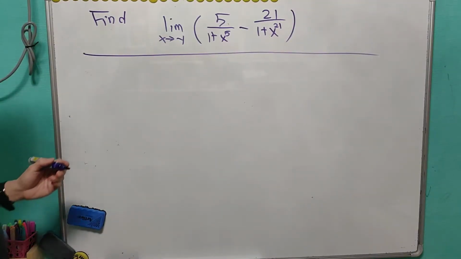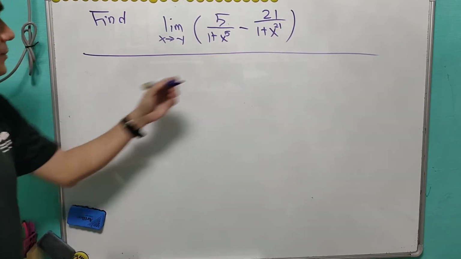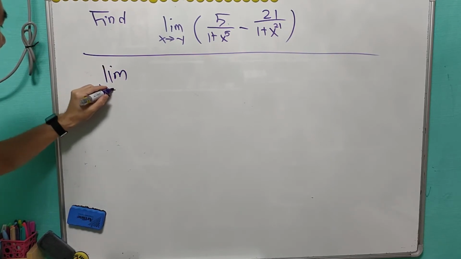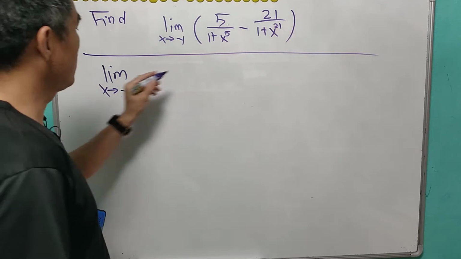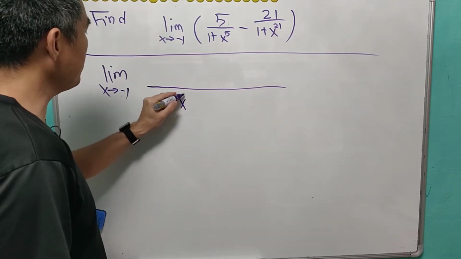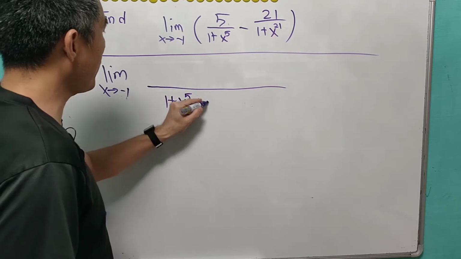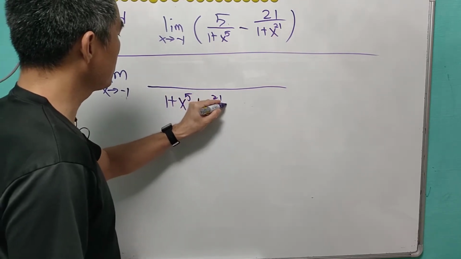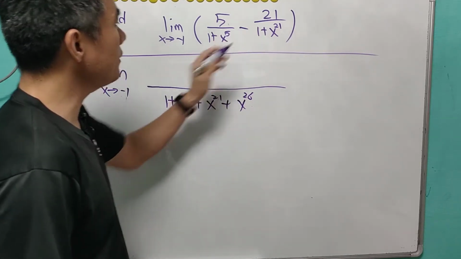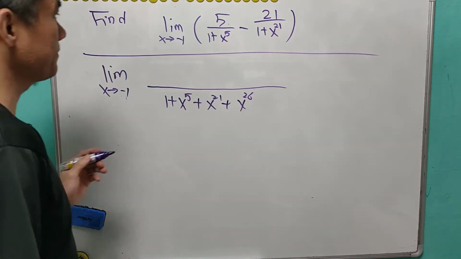So for method 1, we'll combine these two terms. So we'll start with writing as 1 plus x^5 plus x^21 plus x^26 after we combine the two denominators.